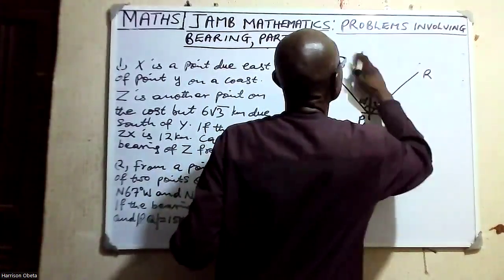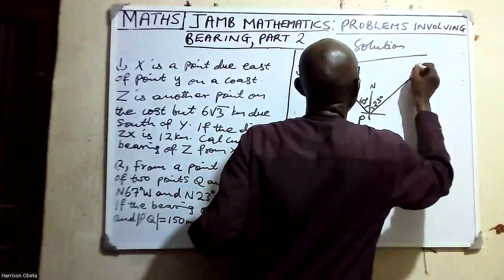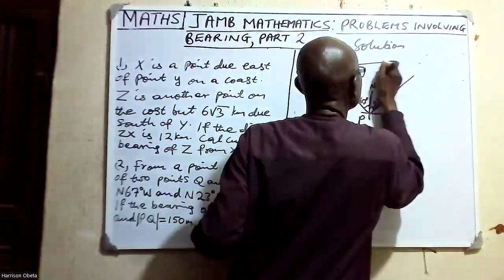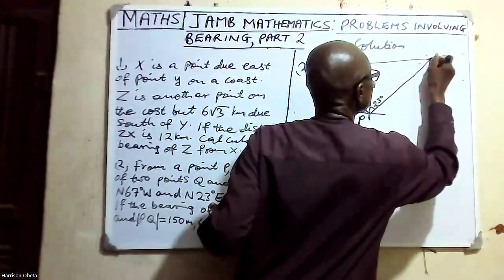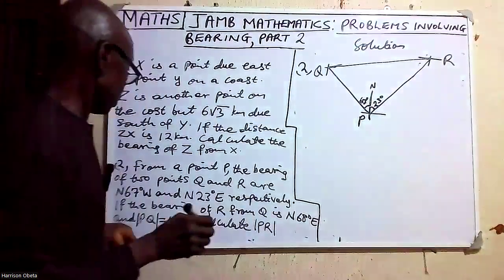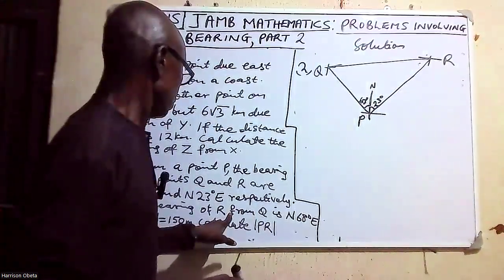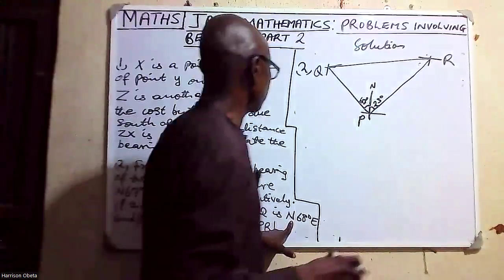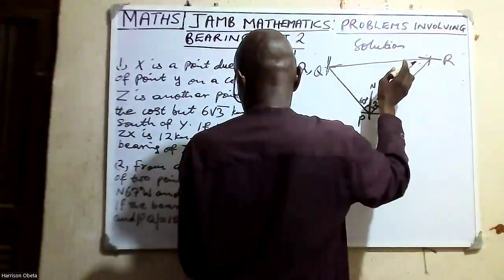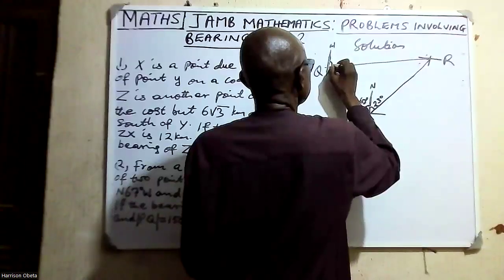Okay, so if the bearing of R from Q is north 68 degrees east, so we have this R from Q. This is north, and then 68 degrees east.